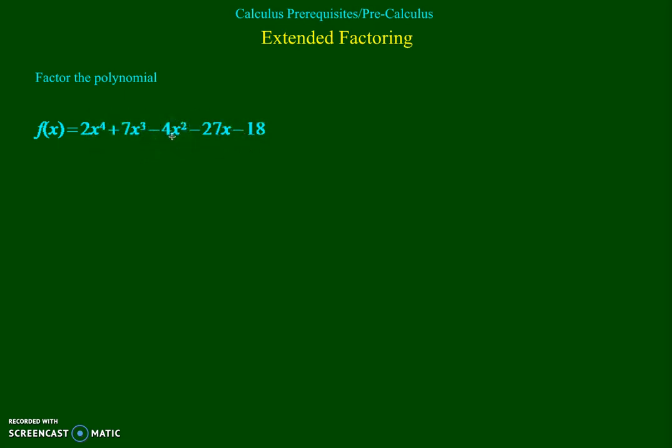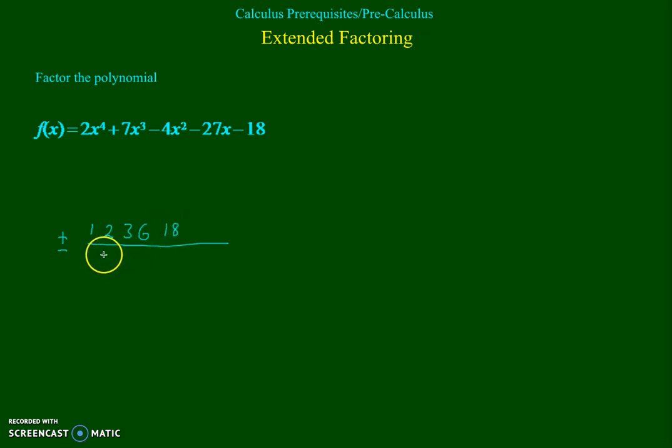So let's use the rational zeros test. I know that if this has rational zeros, it's going to be factors of 18 divided by factors of 2. So we would have plus or minus factors of 18, which would be 1, 2, 3, 6, and 18.